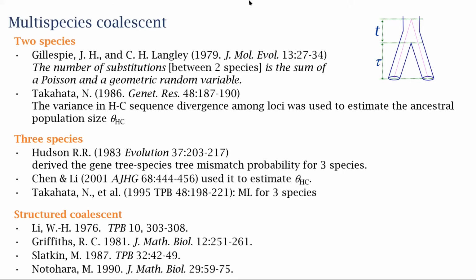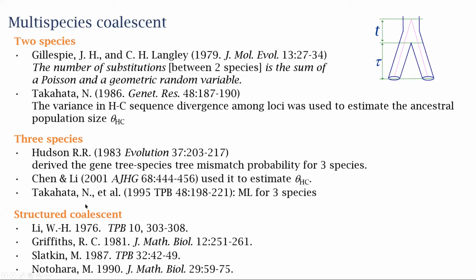I guess nowadays I'm spending most of my time doing this. The idea was fine, I just thought there was not much information for doing that. Anyway, it's really a paper that's ahead of its time. In the case of three species, the earliest paper is probably Dick Hudson's. This gave the gene tree, species tree mismatch probability for three species. I have a slide later about this.